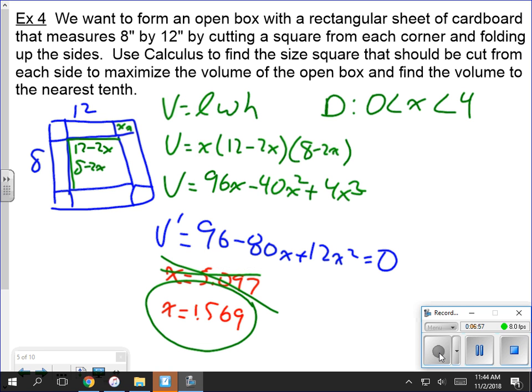There's one in your book where what you're actually making is a suitcase, which is 2 of those put together. Read the question carefully. Look at the diagram. It's confusing, but if you can picture in your mind that it's 2 of these folded together, it actually makes sense. Okay?